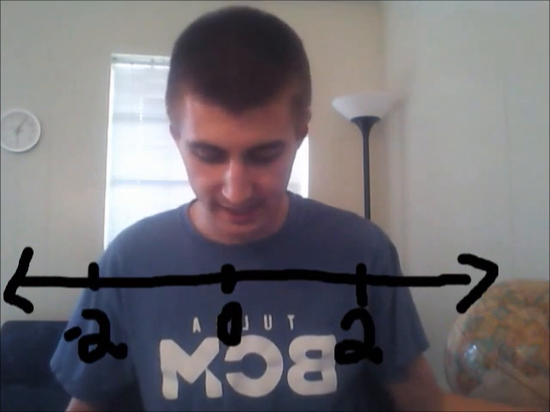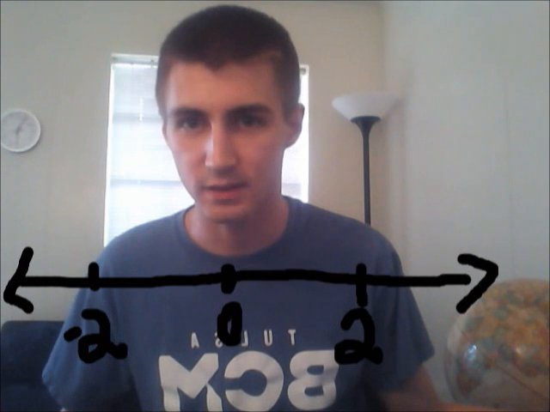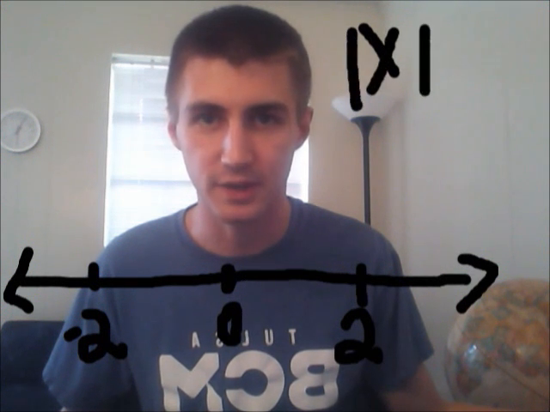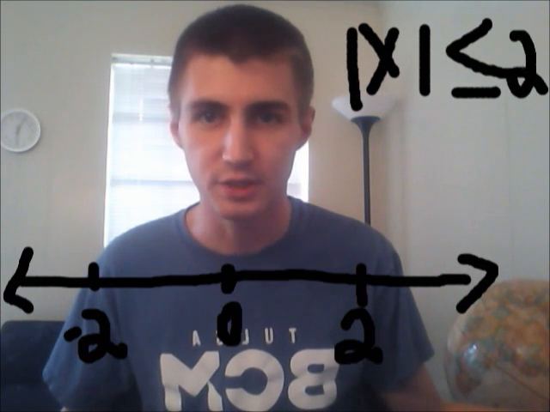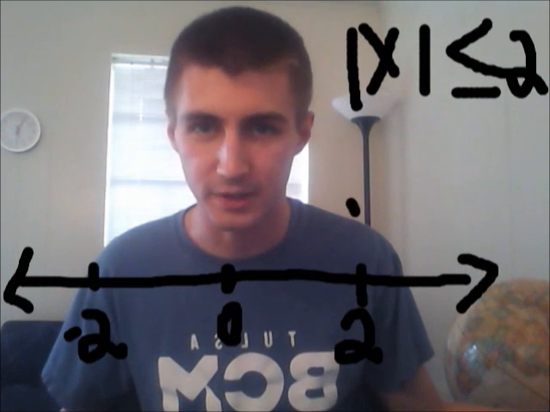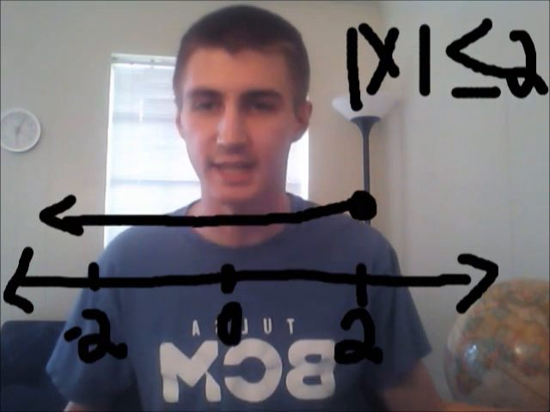So what we're saying is that because our original equation is the absolute value of x is less than or equal to 2, we can definitively say from just this part that it's going to have to be either 2 or something less than 2.